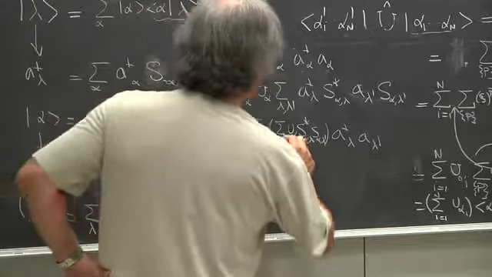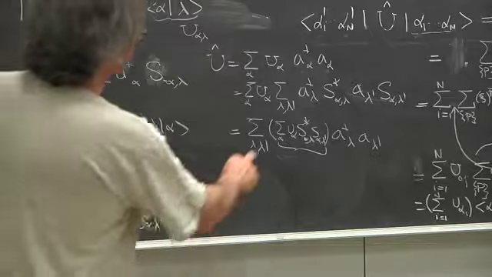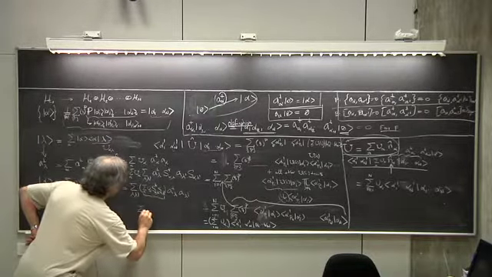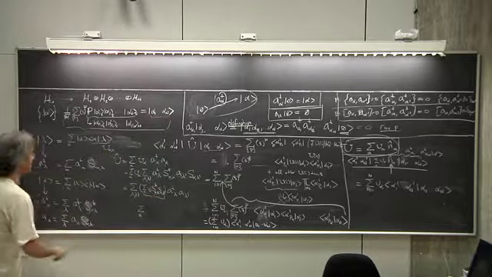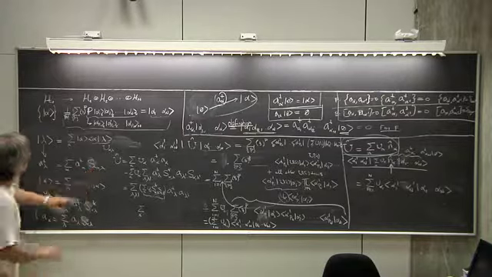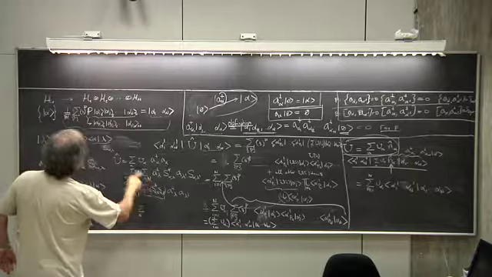So let me conclude this by showing you what this object is. This is a sum over alpha of, let's see, S is simply this object.